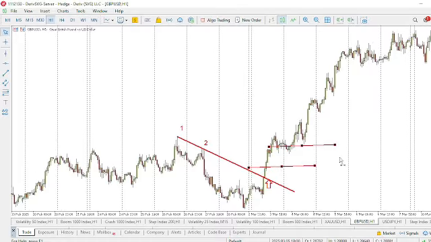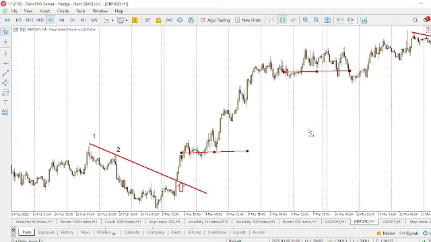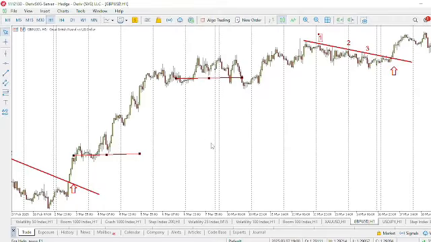Then before you know it, as price is moving, you're shifting your stop loss to the swing. This is what we call trailing stop loss. I love it because in most cases, it has a very high risk to reward ratio.